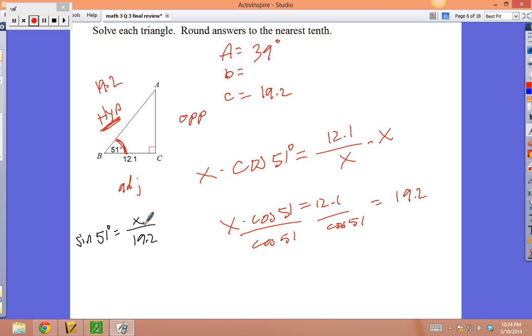If your x is on the top, now I'm just going to times this side by 19.2 and times this side by 19.2. So on my calculator, just punch in 19.2 times sine of 51. And I end up with 14.9.